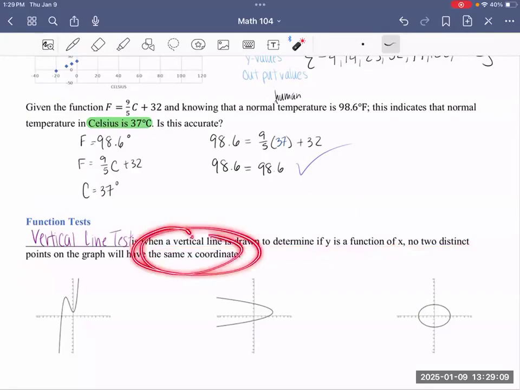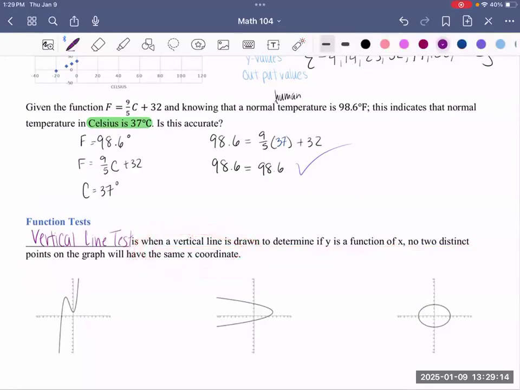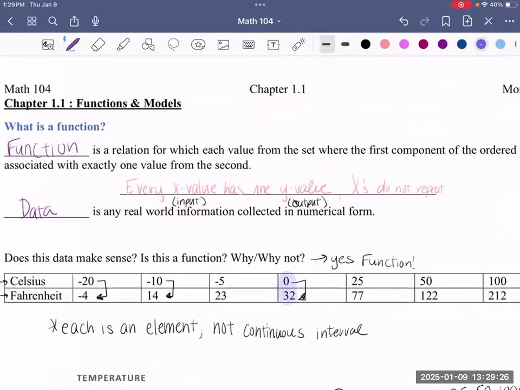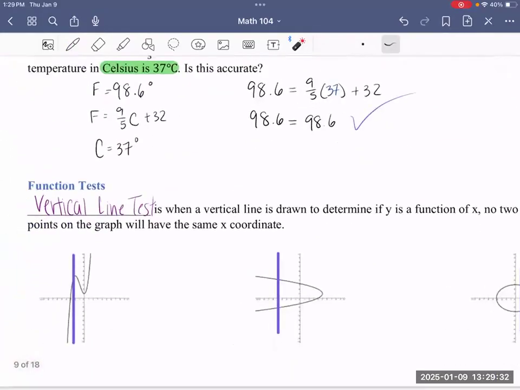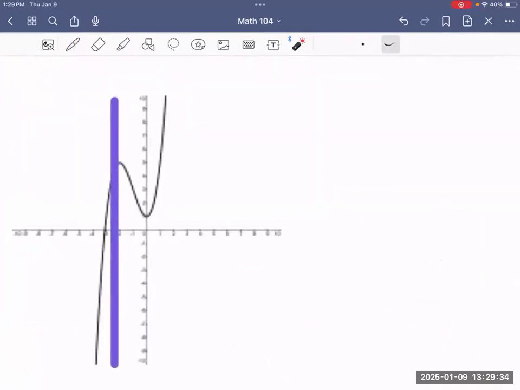Again, this is a very wordy way to say, we are going to draw any vertical line on your graph. We can do it anywhere on your graph, it doesn't matter. Because we know that by definition of a function every x has its own y value, or x's do not repeat, the vertical line test will show us, do we have repeating x's?